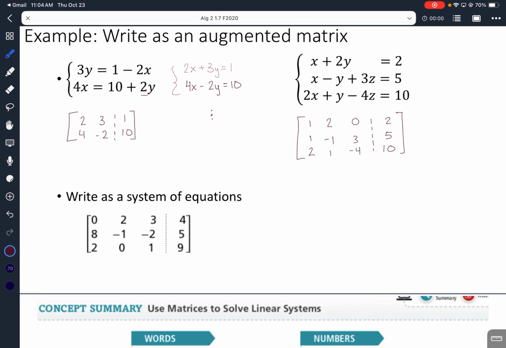I know that's hard for some of you. So now, this last one, I have 0, 2, 3, 4, 8, -1, -2, 5, 2, 0, 1, 9. That's a matrix, yes? So now I'm going to go to a system.